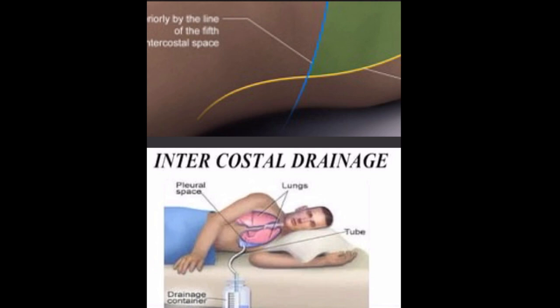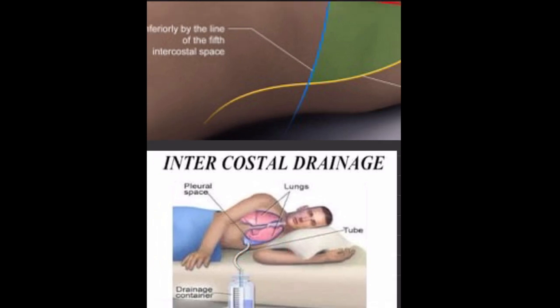But if it is a pneumothorax, we see the tube inserted in the upper part. This is how we can distinguish, from the tube, whether it is a pleural effusion or a pneumothorax.